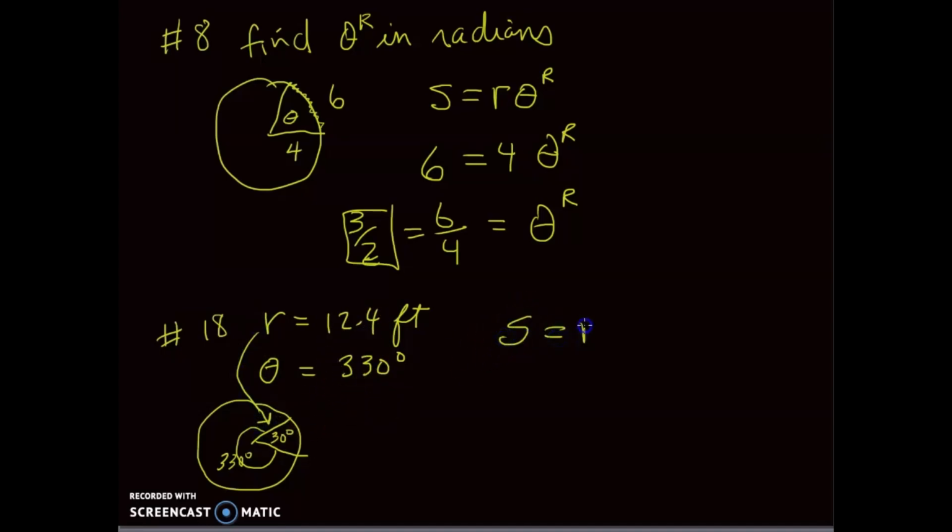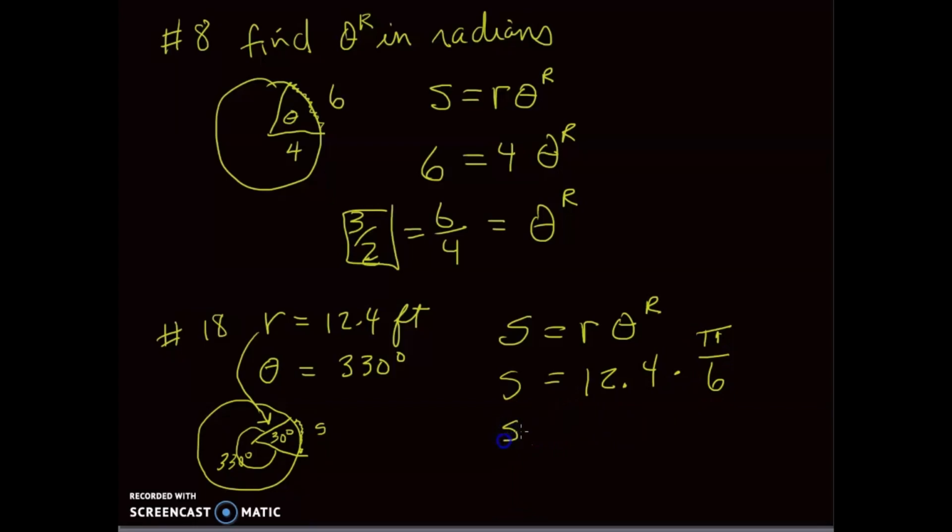S equals r theta in radians. S, we don't know. That's this part right here. The radius, 12.4 feet. Don't forget the feet when you're all done. That's what our S will be, because radians are just the number. Now, 30 degrees, that should be one that you remember. That is pi over 6.